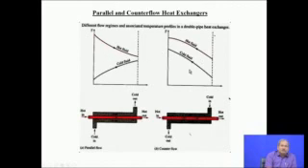One more thing that we need to see here is that due to the direction of the flow, the cold fluid outlet temperature can exceed the hot fluid outlet temperature, which was not possible for the case of parallel flow. Therefore, you get better heat transfer for the case of counter flow as compared to that of parallel flow.